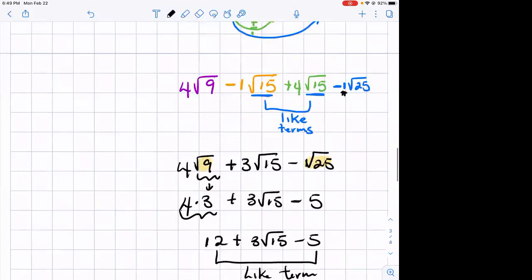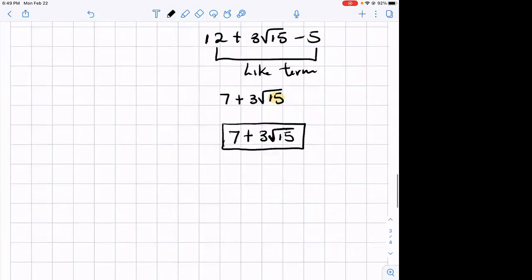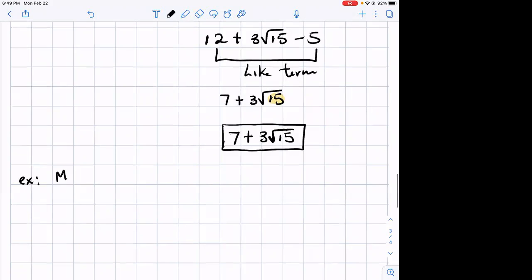So here we multiply two binomials. We can look at another example of multiplying two binomials. Let's multiply root 3 plus root 2 times 3 root 3 minus root 2.